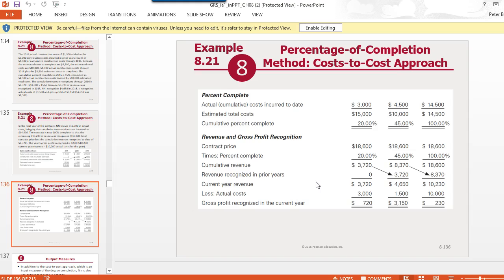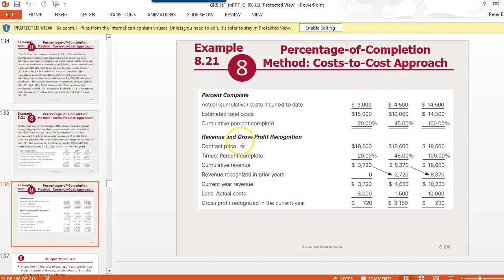So here's a summary. Actual cumulative costs incurred 3,000, over estimated total cost 15,000, gives you your 20% cumulative percent complete. Actual cumulative cost in year 2 was 4,500. Estimated total cost would be 10,000, so that's 45% complete, and then 100%.